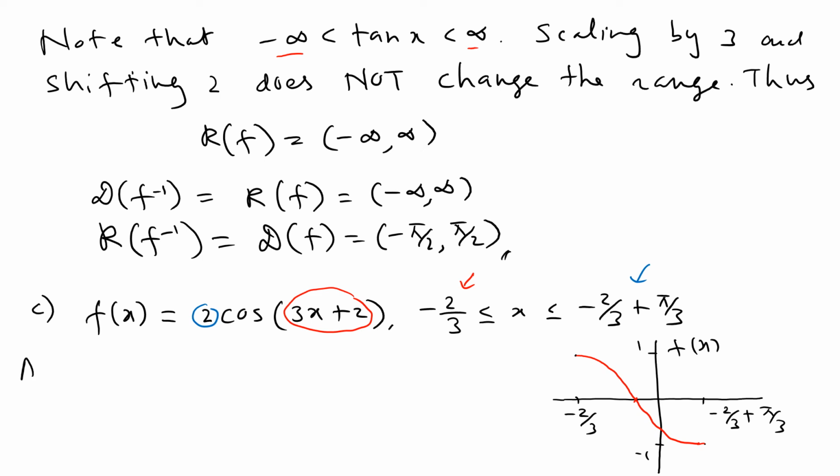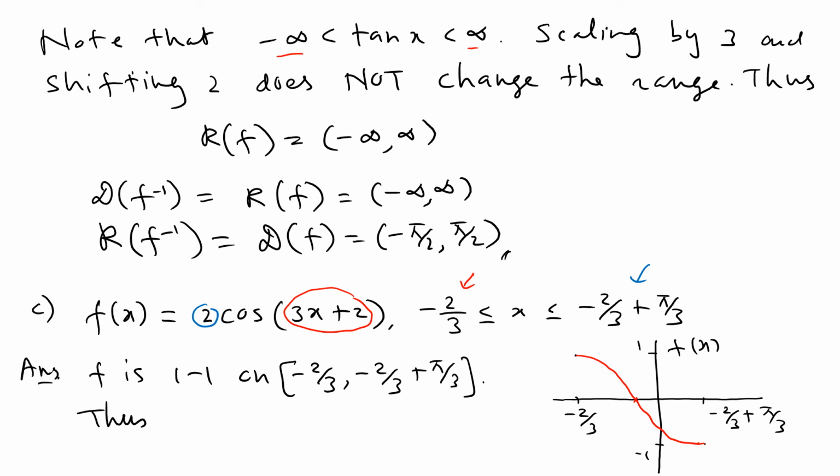So the answer: f is 1 to 1 on the interval negative 2/3 to negative 2/3 plus pi over 3. On that interval it is 1 to 1, but if you pick a different domain, it may not be 1 to 1. That means the inverse exists.